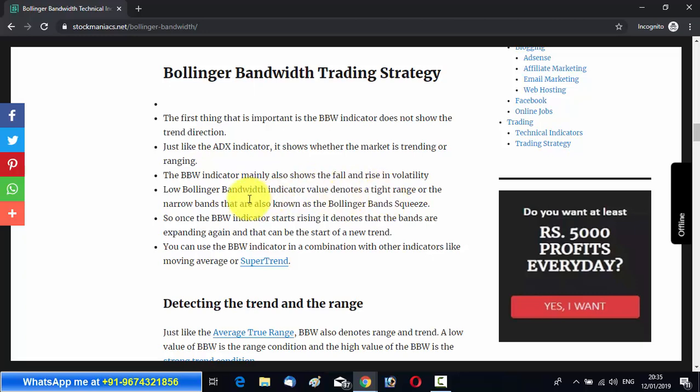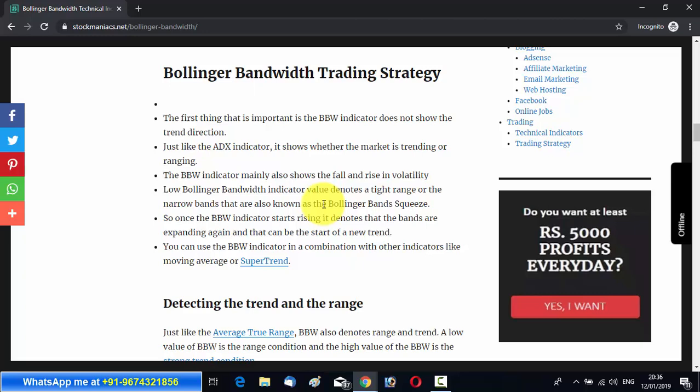A low Bollinger Bandwidth reading denotes a tight range, where the Bollinger Bands are very narrow at that time. We also know this as the Bollinger Band squeeze. I have already discussed the Bollinger Band squeeze in my last Bollinger Bands tutorial.